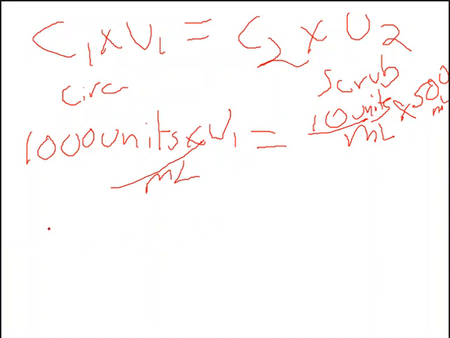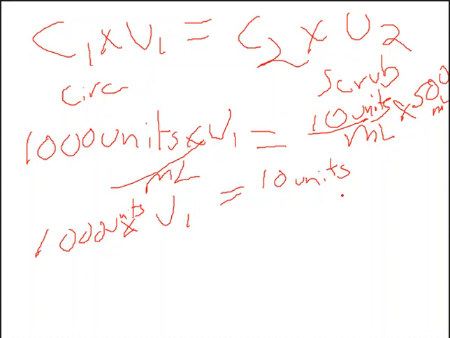All right, so we've got 1,000 times V1 equals the 10 units. I'll put units over here too, so we do not forget that. 10 units per ml. And we're going to be multiplying that times 500 mLs.